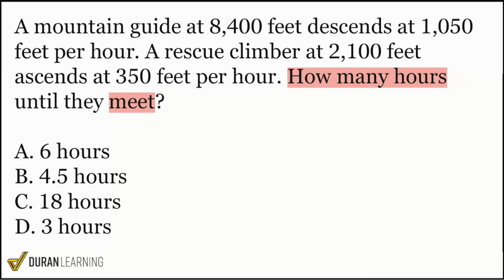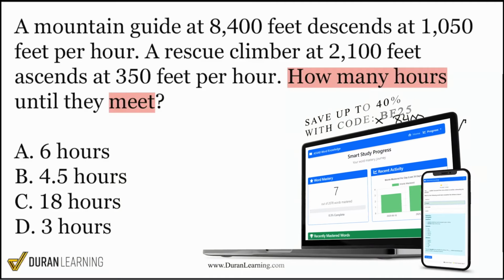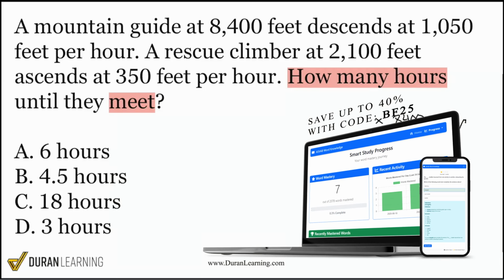So we have right over here, the mountain guide is, let's say, at the top of this mountain. And this mountain guide is, again, 8,400 feet in the air and is descending at 1,050 feet per hour. Okay, sounds good. Now from there, we see that the rescue climber, I'm going to go ahead and highlight this person here in purple.